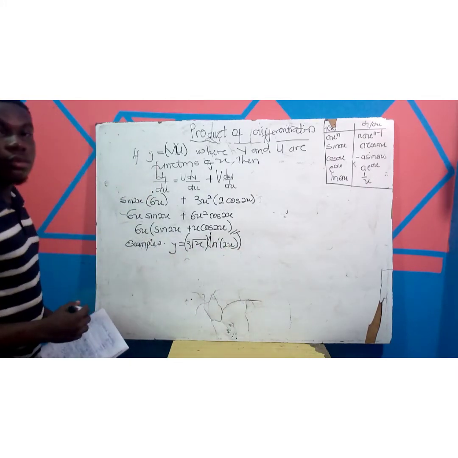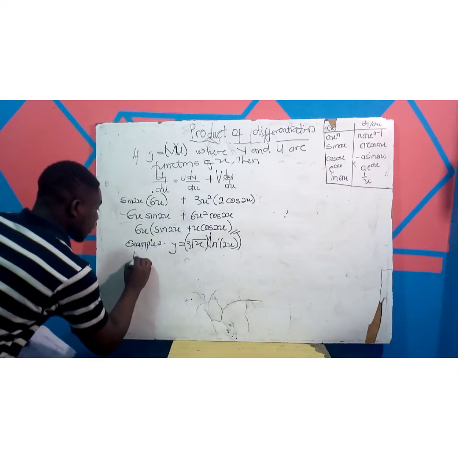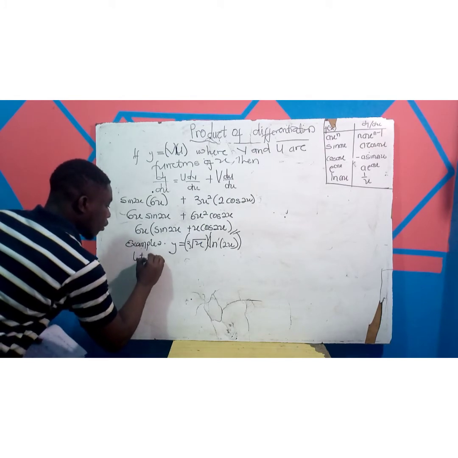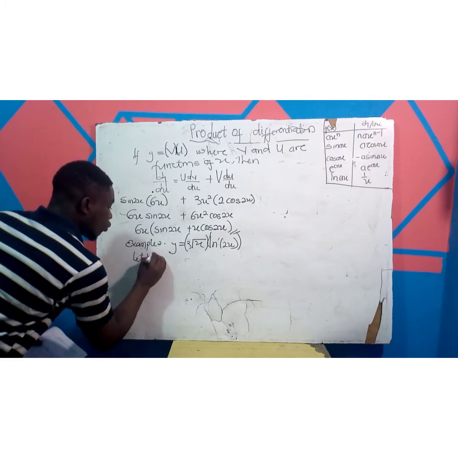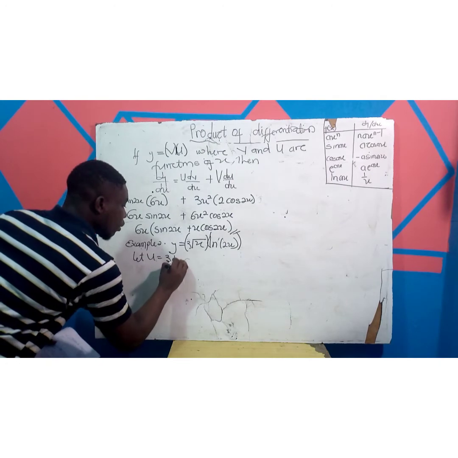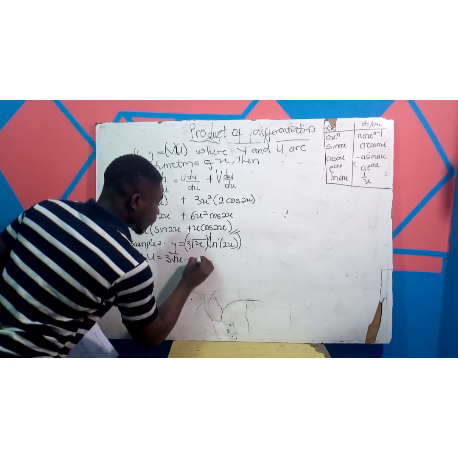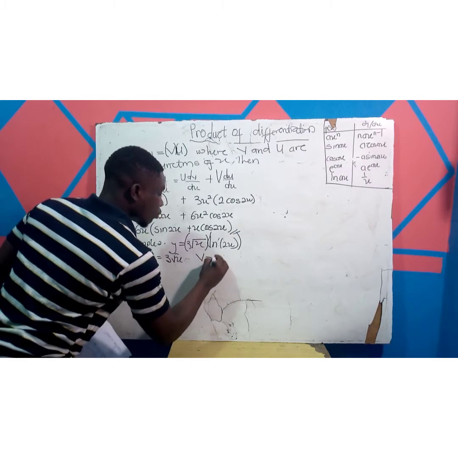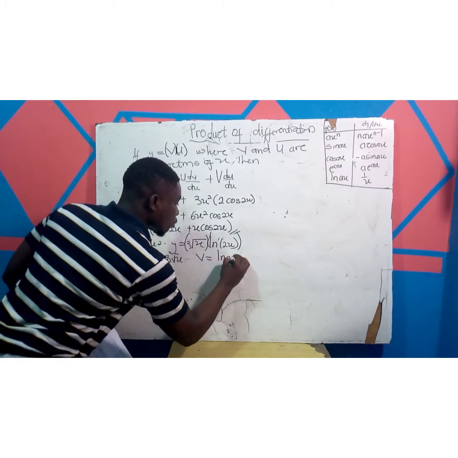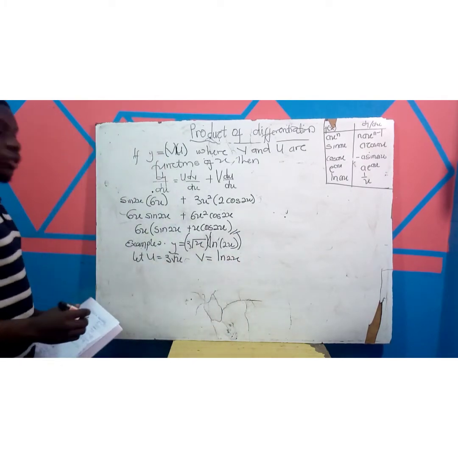So you say let u be equal to 3 root x, then v be equal to ln 2x. Good.